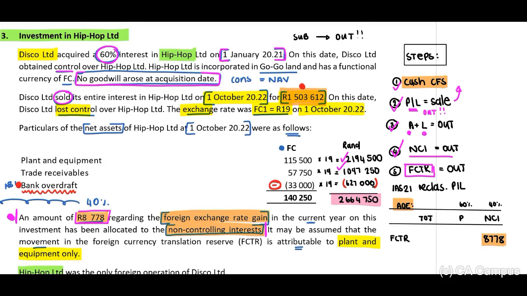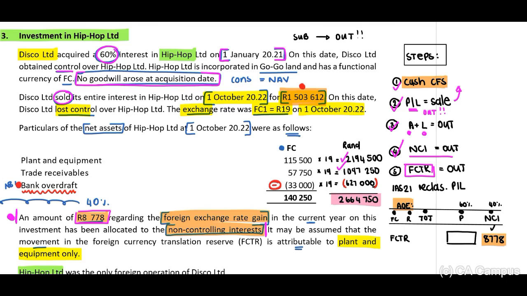Our analysis of owner's equity will include our total column. First there will be an FC column, and then we will have our rand value, and then our total column. Then we will allocate 60% to our parent and 40% to our NCI. Now, they provide us with the NCI's portion, but we do not have the parent's portion here.